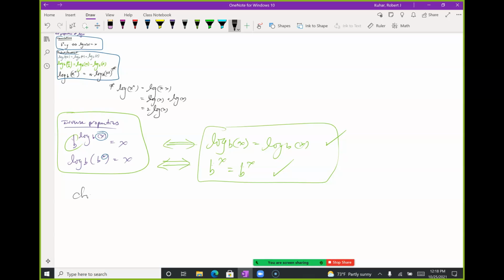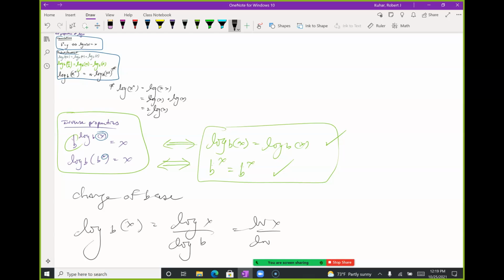Finally, change of base. It says that log base b of x is the log of x over the log of b, or the ln of x over the ln of b.